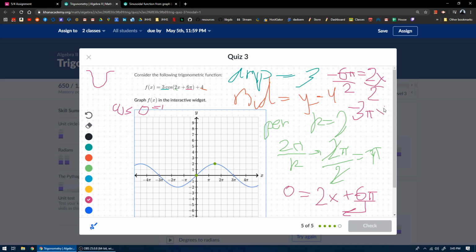That's my x right here. Nice. So negative 3 pi is equal to x. That's where I start my graph at 1. So let's finish this off. At negative 3 pi, that's where I start my graph, at 1.